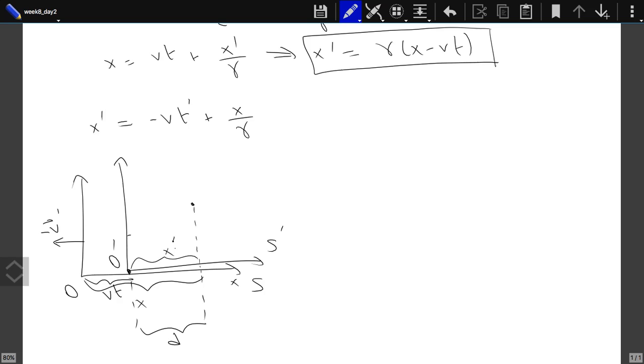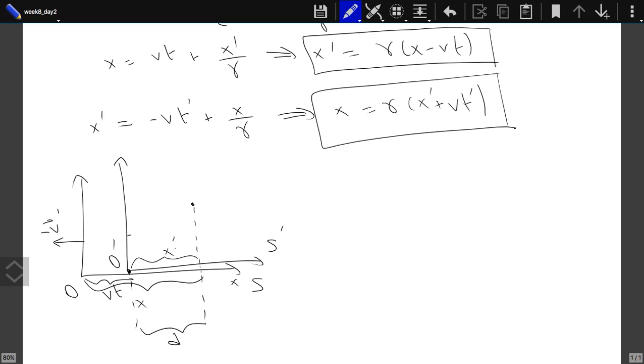This distance is x measured by an observer that is moving with velocity minus v relative to your reference frame. So it will be Lorentz contracted, so you will measure this distance to be x over gamma. So that's why I have x over gamma. And then the origin has moved by minus vt prime, according to you. So what remains, x prime, is just this distance, x over gamma minus vt prime. Or x is equal to gamma times (x prime plus vt prime).